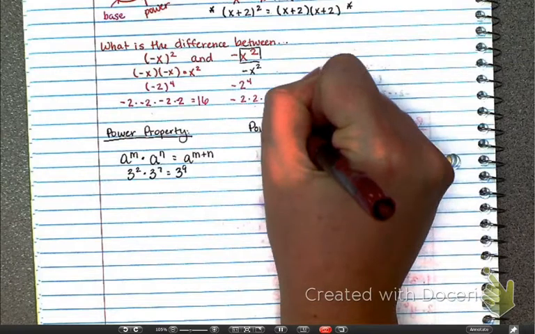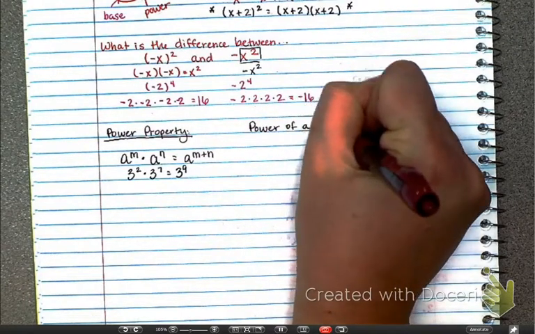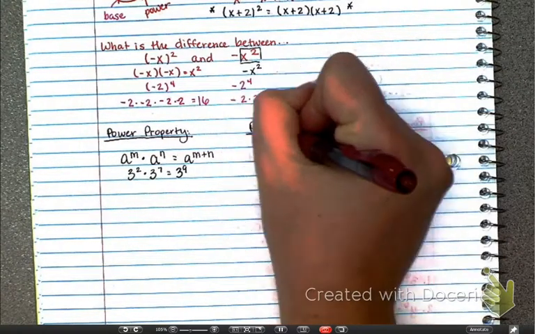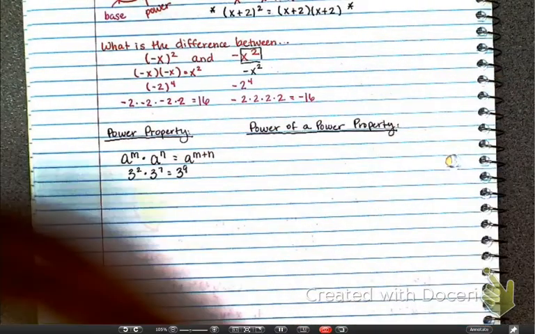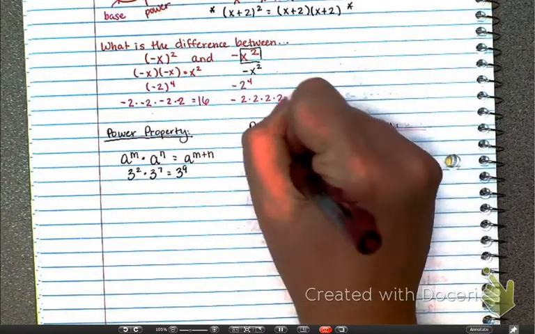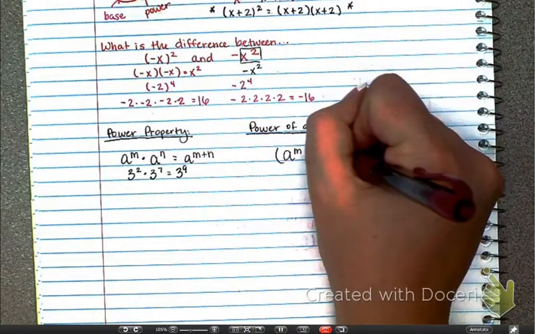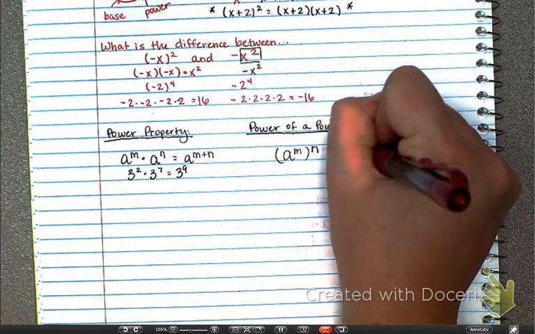Power of a power property. So here I have one base, or I have a full power. I have a to the m power, all to the nth power. What do I do with these exponents? You multiply them. So this is a to the m times n.